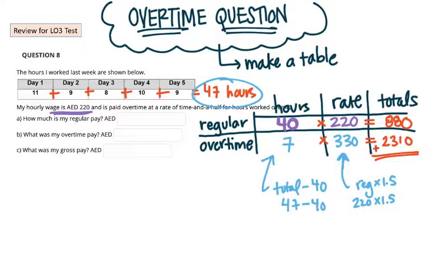Then if we're going to add those up, we would get a gross pay of 3,190 dirhams. Let me circle that, and now we can put these answers. So regular pay was 880. Overtime pay was 2310. So gross pay, which means total pay, was 3190.